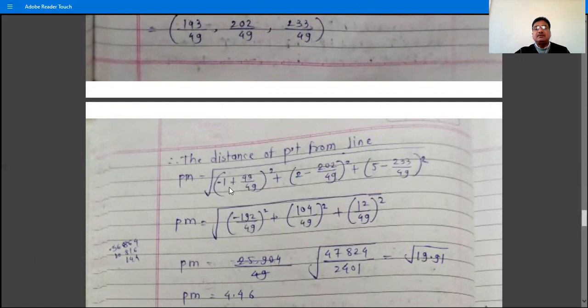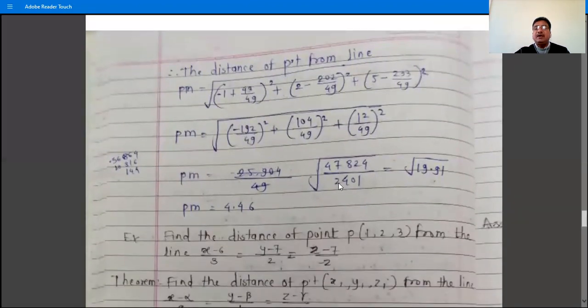This subtraction is minus 1 minus 143 by 49, so 49 is the LCM, so minus 49 minus 143 becomes minus 192 by 49 whole square, plus (49 into 2 minus 202) becomes minus 104 divided by 49, and 5 minus 233 is 12 by 49 whole square, by using the distance formula.